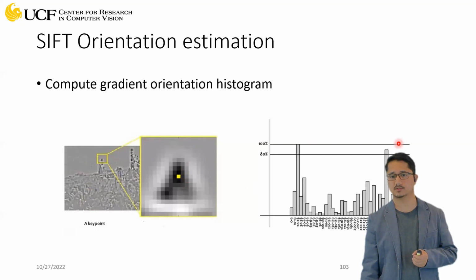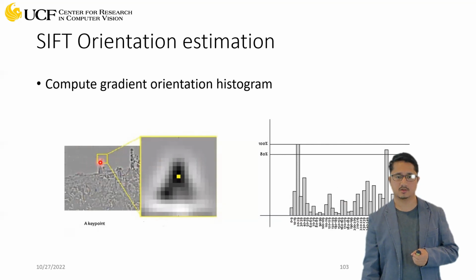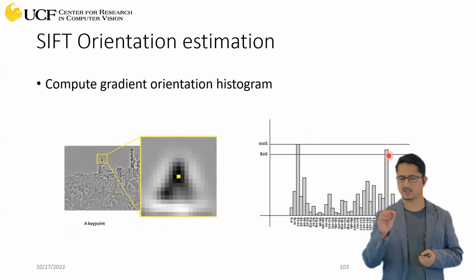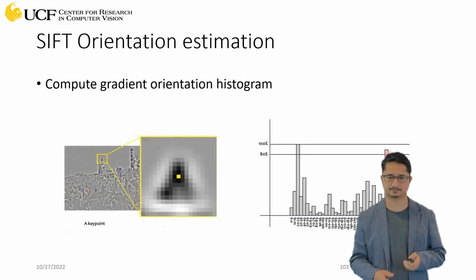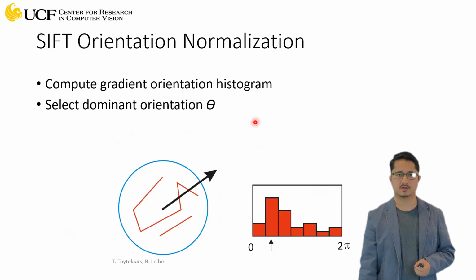You keep these and ignore all the other orientations. Then you say that at this key point you have two different orientations: one is 20 degrees and the other is 300 degrees. So one key point can have multiple orientations. That's how you compute orientation for your key points.